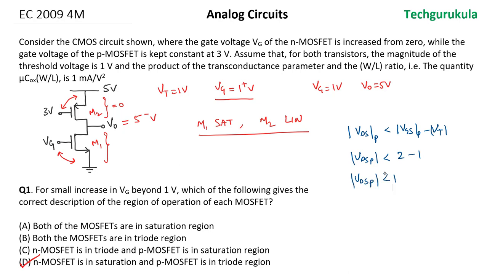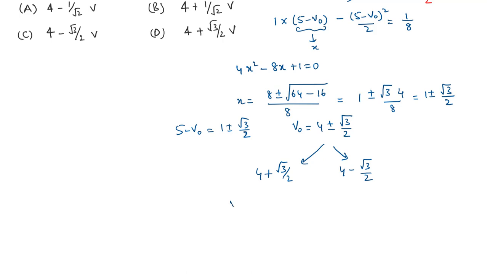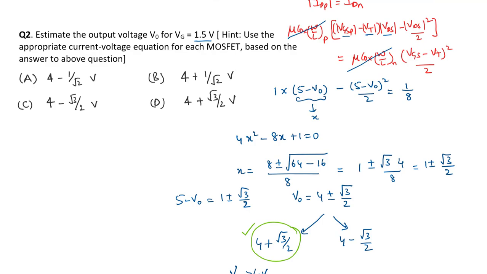If it has to be less than 1, which means V naught should be greater than 4 volts, which clears our confusion that V naught should be greater than 4 volts. Only then the assumption of M2 being in linear region is correct. So the correct answer is 4 plus square root 3 by 2. So the correct option is option D.